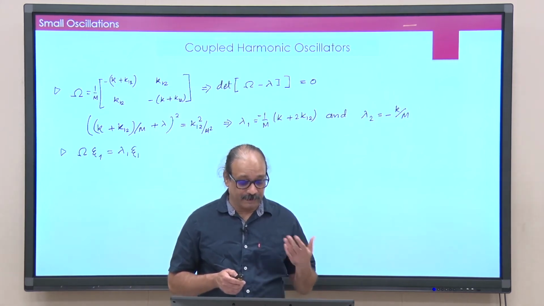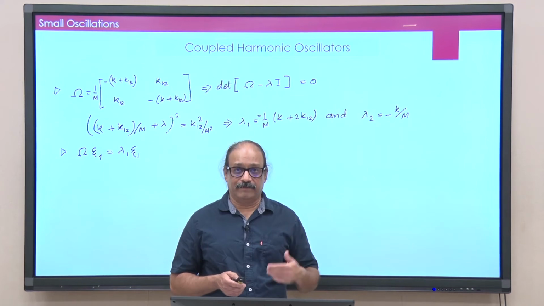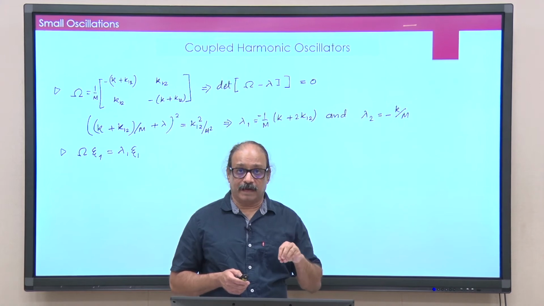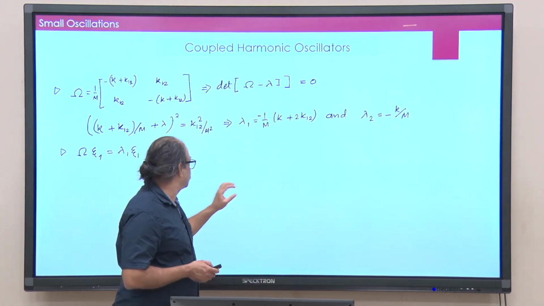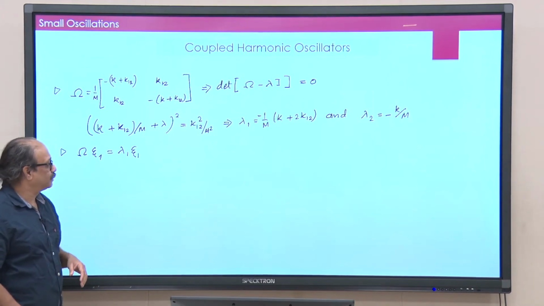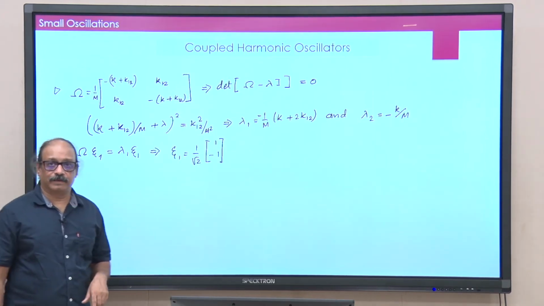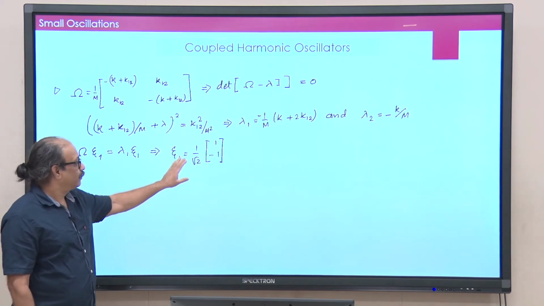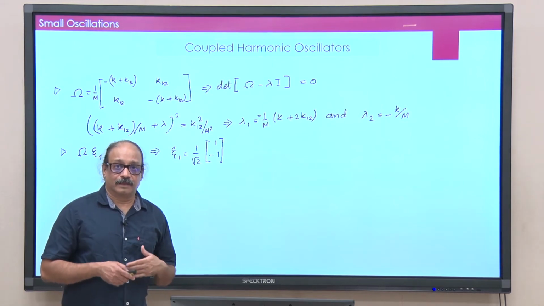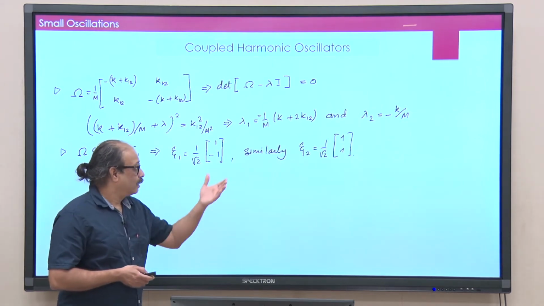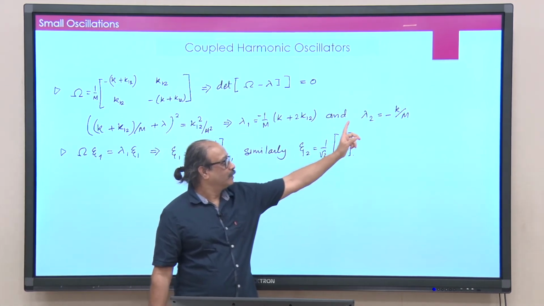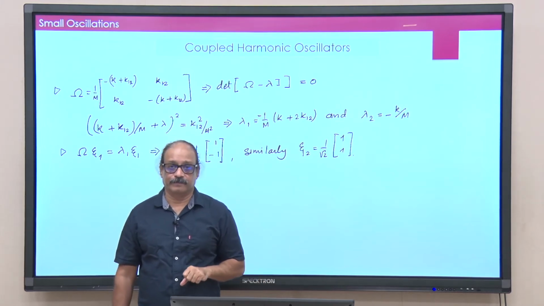So, take lambda 1 and find xi 1 in such a way that xi 1 becomes the eigenvector corresponding to lambda 1, and this also is very easy to calculate, and I will ask you to show that xi 1 will be basically (1, -1)/root 2, and similarly the second eigenvector is (1, 1)/root 2, that is xi 2, that corresponds to the eigenvalue lambda 2.